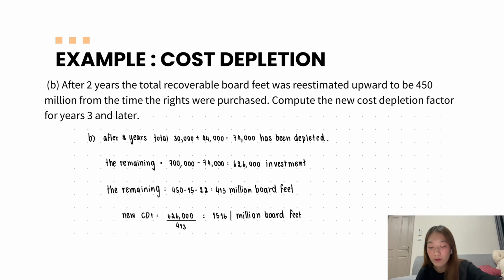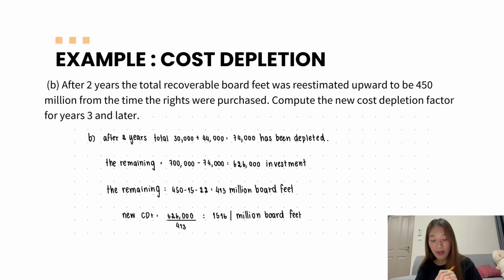Solution of B is we have to find the total amount depleted after 2 years. So we combine 300 with 4,400, so the result is 7,400 that had been depleted. Next we have to find the remaining investment, that our first cost is 70,000 minus 7,400, so the result is 626,000 investment remaining.